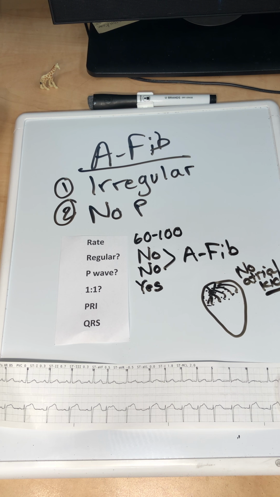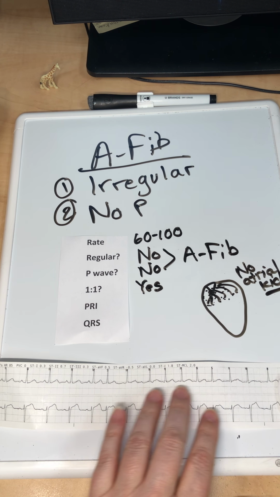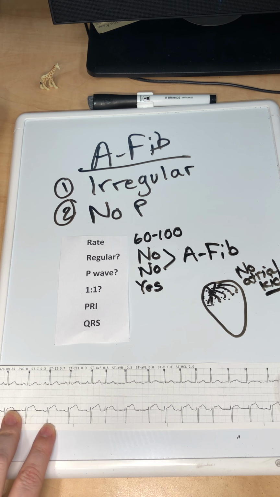So we would rather our patients be in a nice sinus rhythm. But if they've been in AFib for a long time, you don't want to convert them out of it because you're going to bust a clot loose. And so you want these patients to be on anticoagulation, and you want them to be rate controlled.